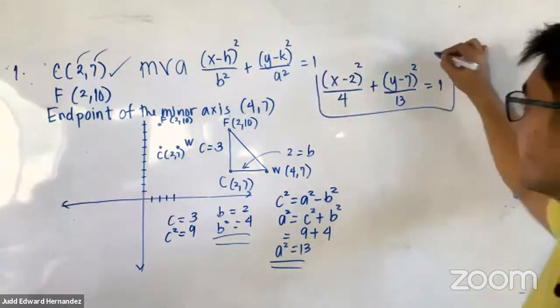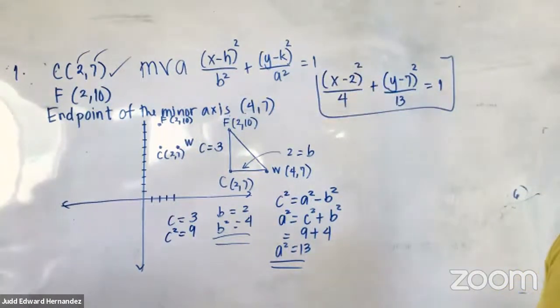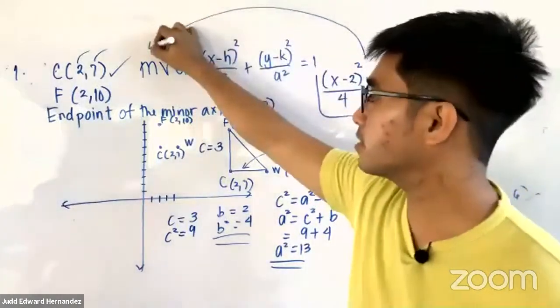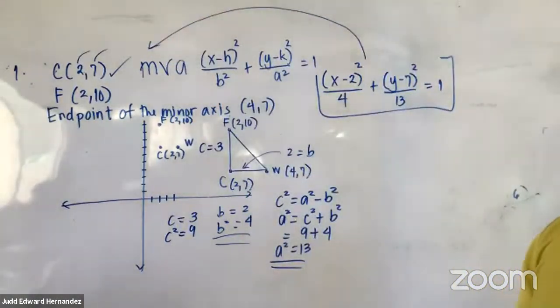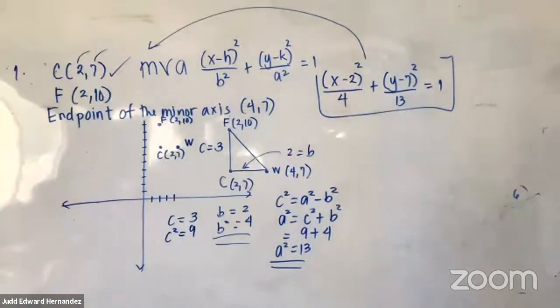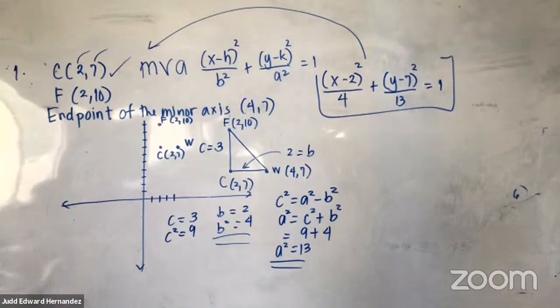Therefore, this is the standard equation of the ellipse given different conditions. And this equation satisfies these conditions. Questions? So, okay lang kahit pagbaligtarin nyo, unahin nyo si (y minus 7) quantity squared over 13 kesa kay (x minus 2) quantity squared over 4.